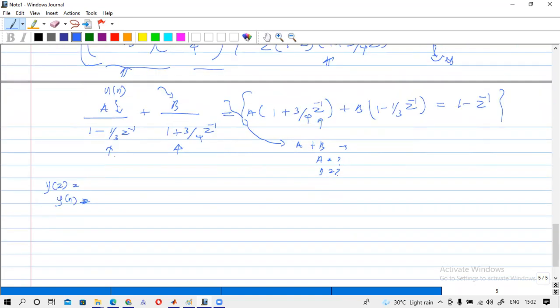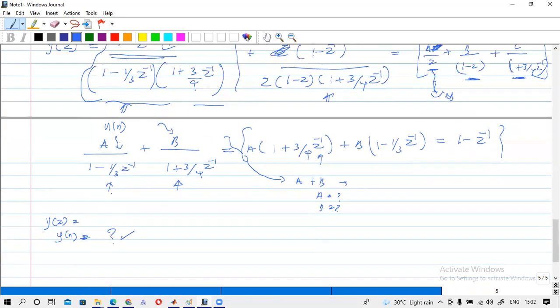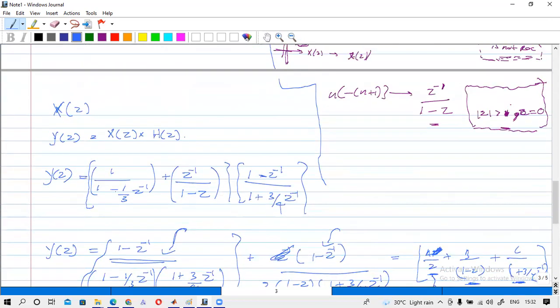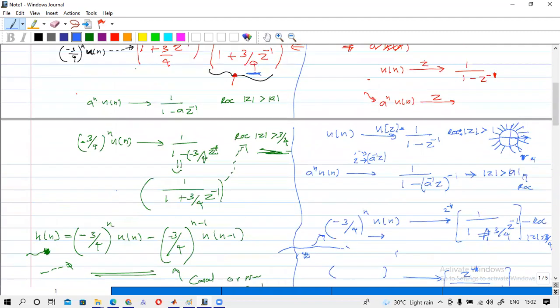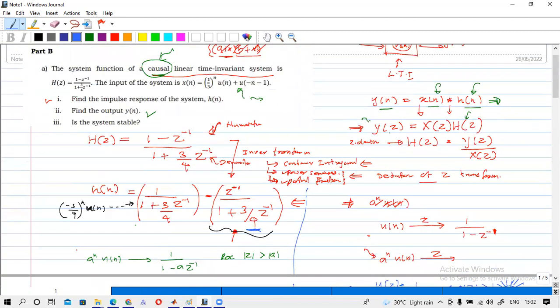So I think you get the idea how to do this. Is it okay? Now we are asked whether this is stable or unstable.